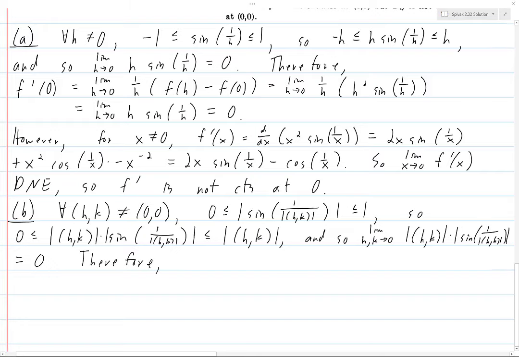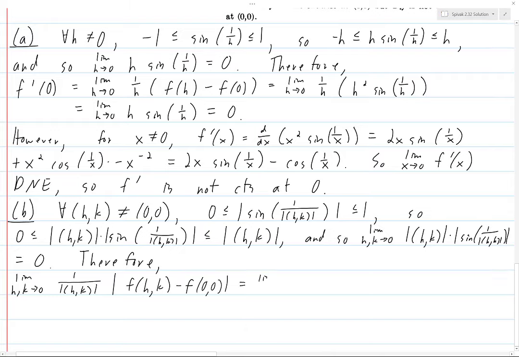Therefore, we take the limit as h and k approach 0 of 1 over the norm of (h,k) times f of (h,k) minus f of the origin.